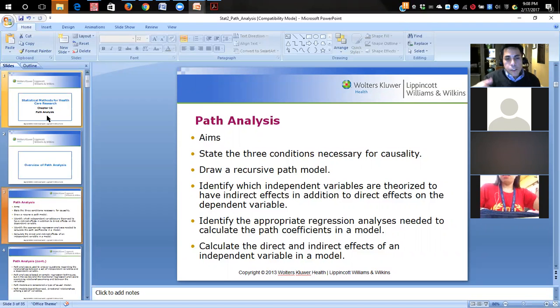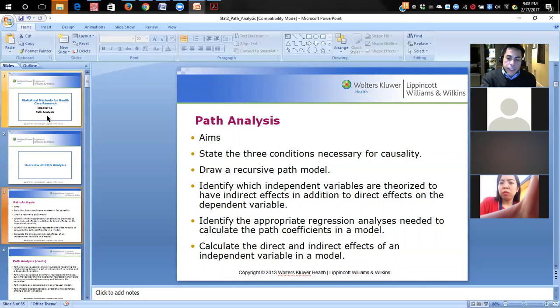So what path analysis is trying to do is to demonstrate to us that this is a model of cause and effect with a recursive path. And when we say recursive path, it really means it's one direction.